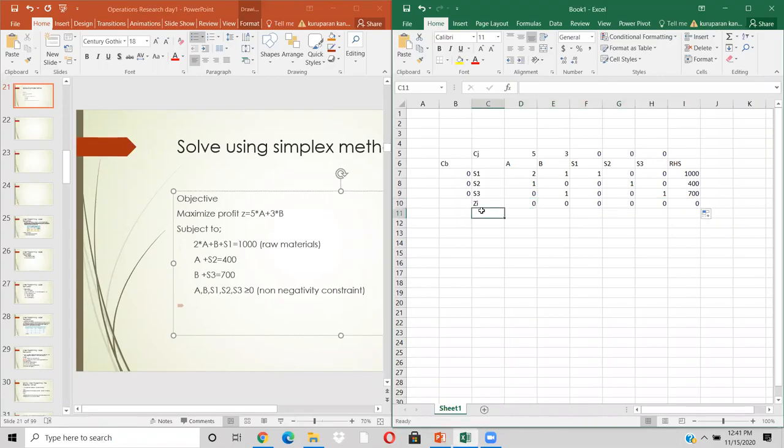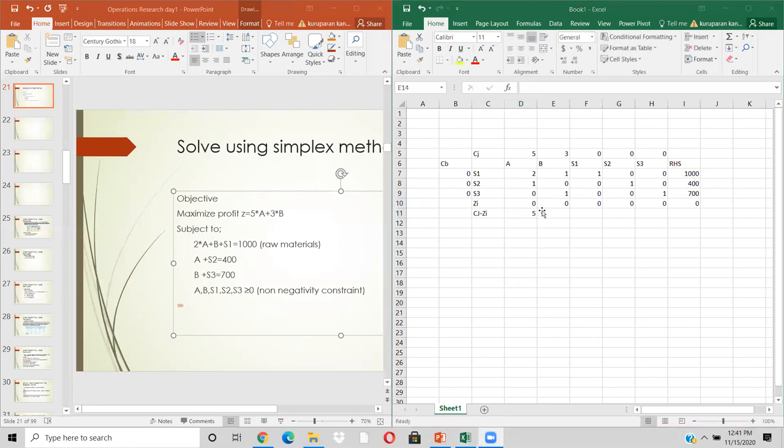Then how to find Cj minus Zj? Okay, how to find? So, okay, fine. What will be here? Cj is 5, minus, what is the Zj for this? 0. That's equal to 5.